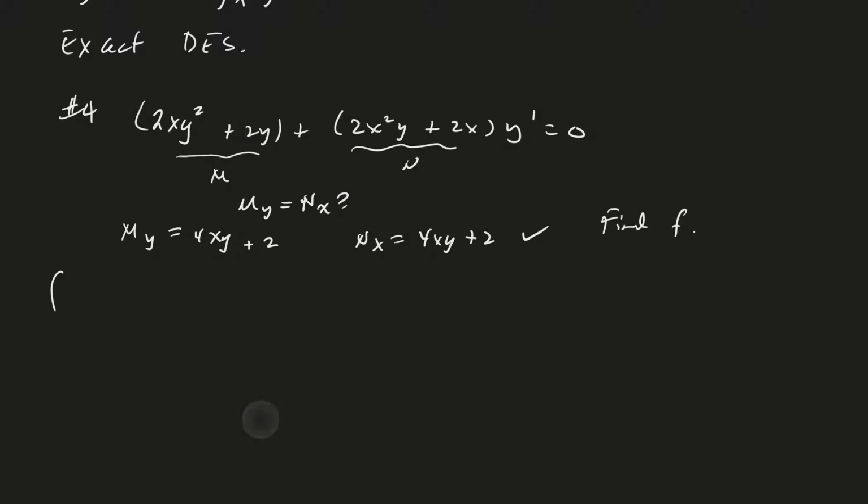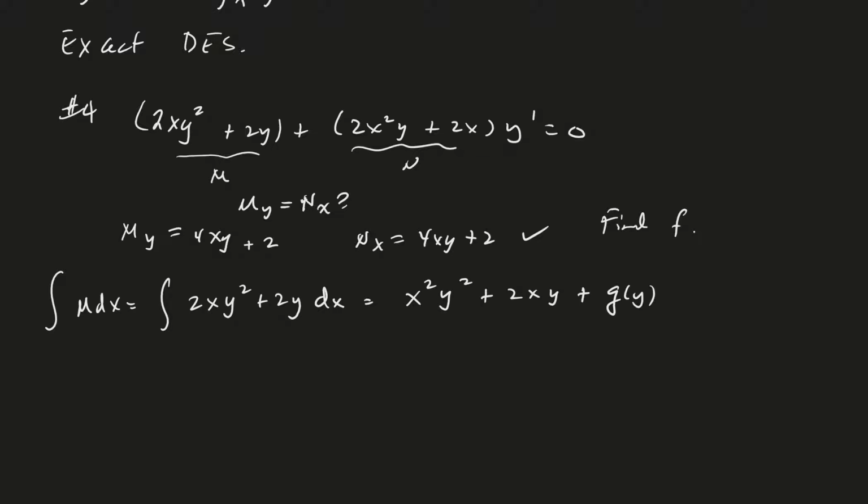Right, so we anti-differentiate M with respect to x, and so we would get the integral of 2xy squared plus 2y dx. Looks like that's going to be x squared y squared plus 2xy plus an unknown function of y.